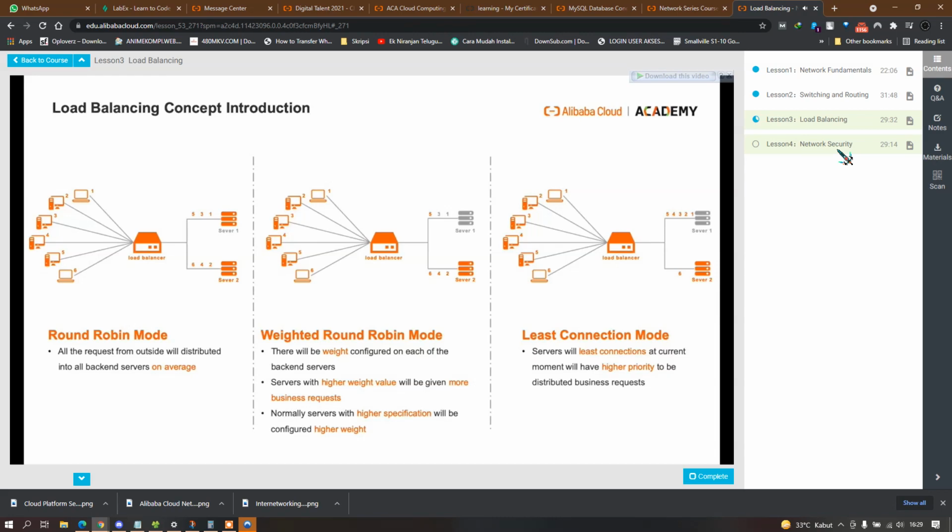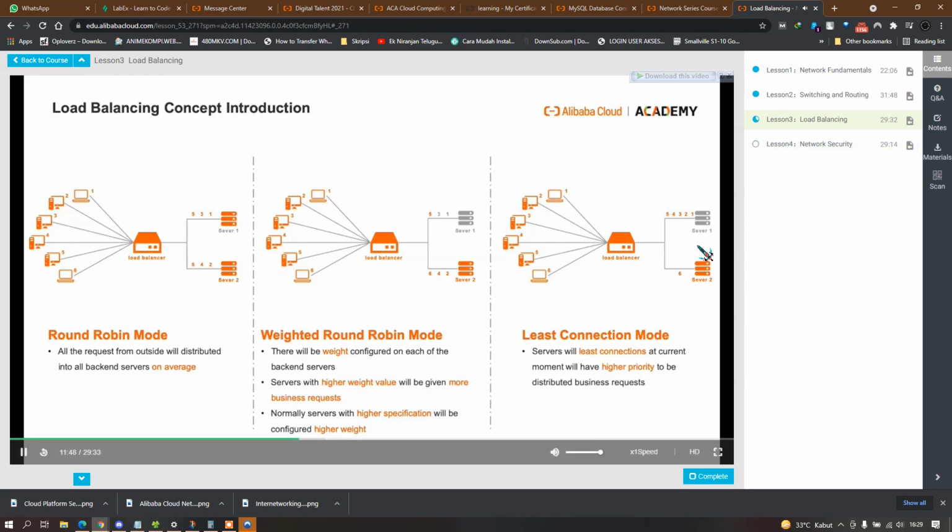In this scenario, we should make the servers with higher specification take responsibility for more business requests, right? So this is easy to understand. We should set a higher weight value for the more powerful server and make it take more business requests.